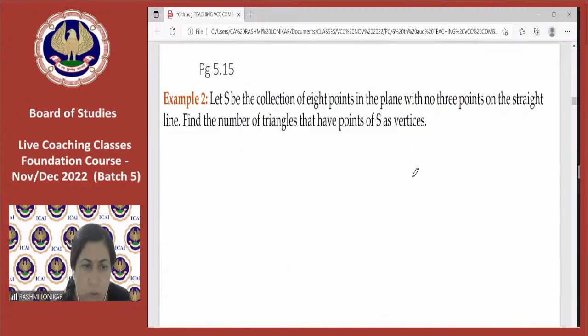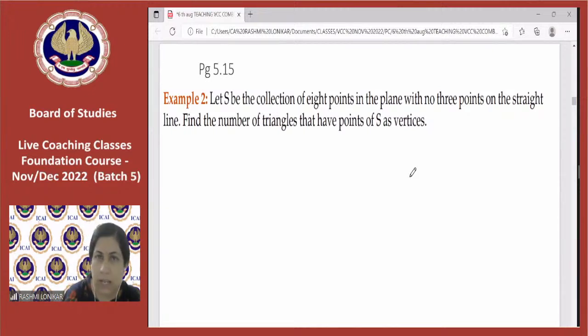Now let us go to the sum. First sum is on page 5.15, example number 2. Let S be the collection of 8 points in a plane with no 3 points on a straight line. Find the number of triangles that have points of S as vertices.